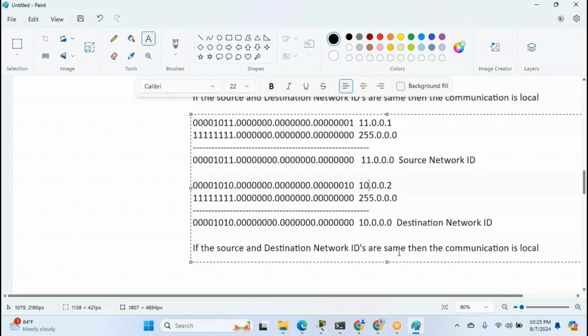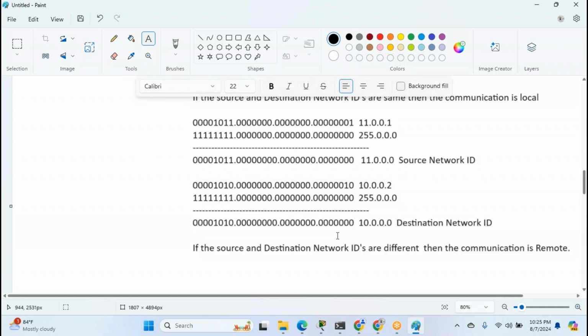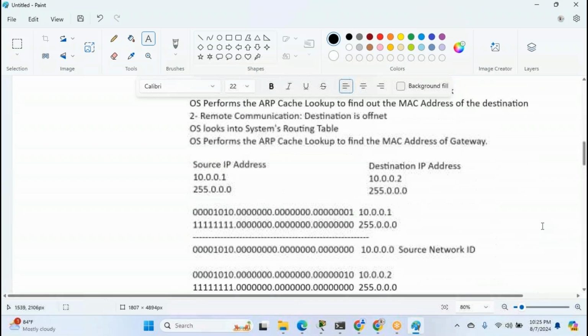It means source and destination network IDs are different. So then the communication is remote. So if the source and destination network IDs are different, then the communication is remote.